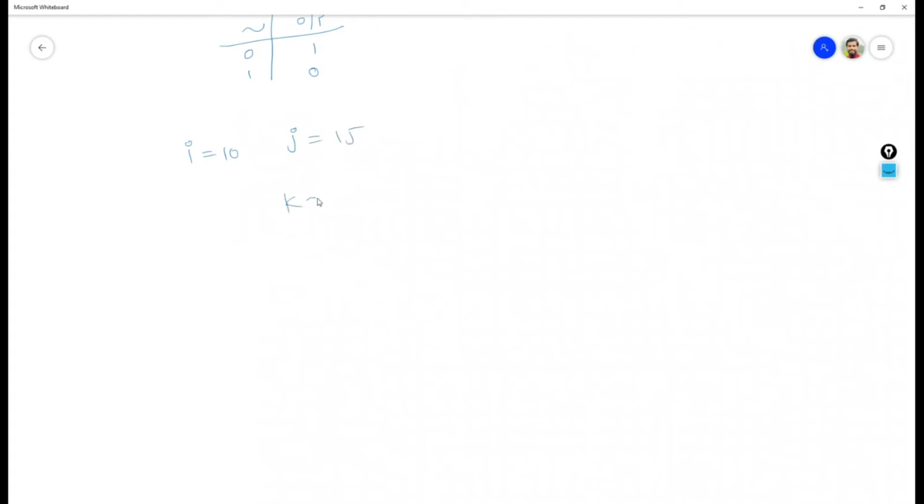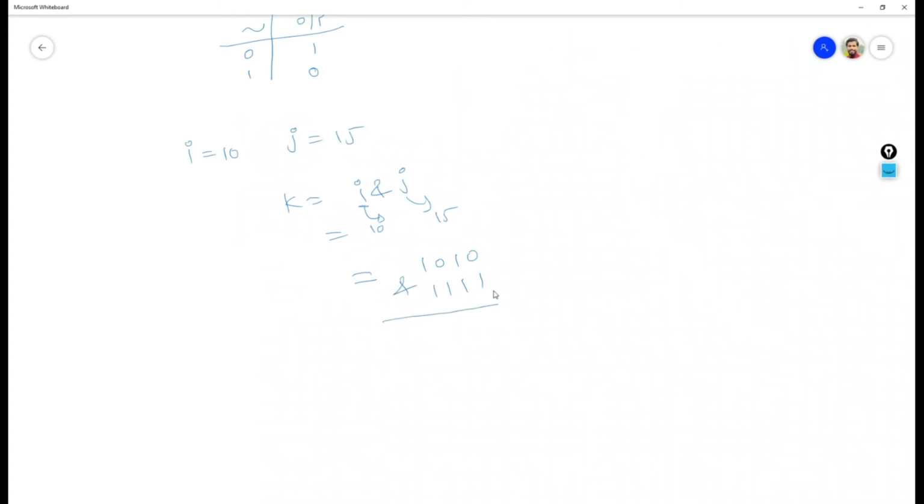Then k is equal to i AND j. So what is the meaning? First we have to convert into binary. The binary of 10 is 1 0 1 0, and the binary of 15 is 1 1 1 1.